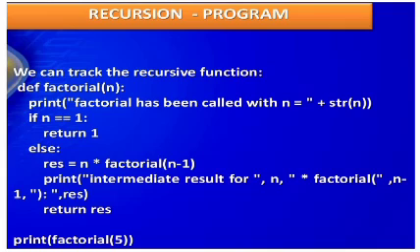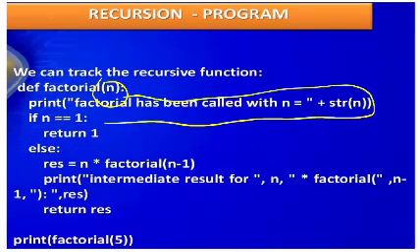Here we define factorial and pass the same argument n, and every time we repeat the procedure to see the execution track. We define the same condition: n equals 1 and return 1 when n equals 1.